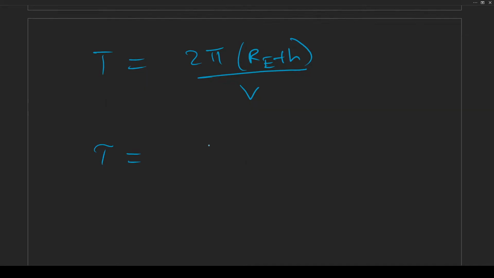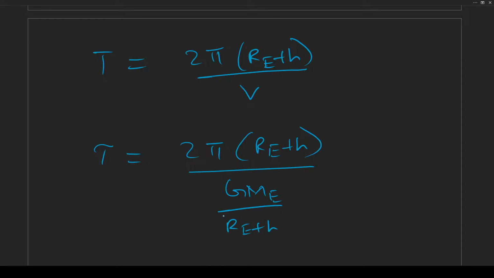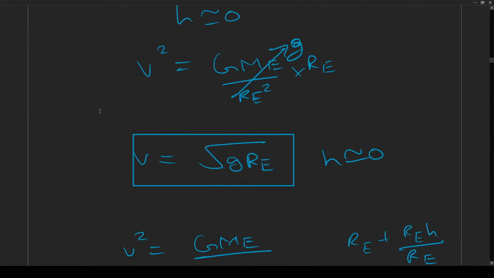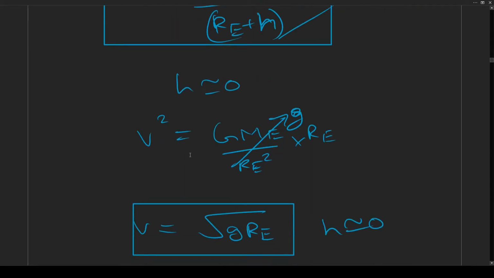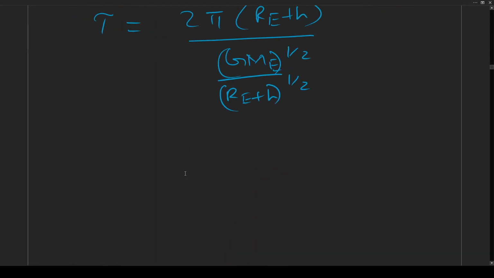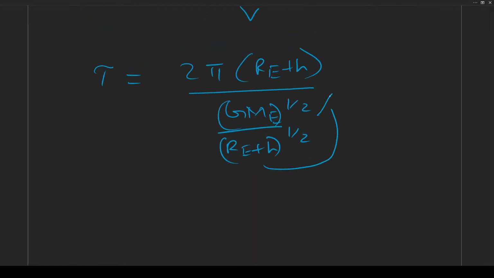T is equal to 2 pi RE plus h by GME by RE plus h whole power 1 by 2. I just split it for the denominator and numerator. This is the formula here, and for v alone it is root. This will go up.